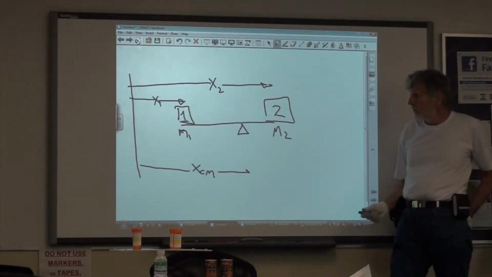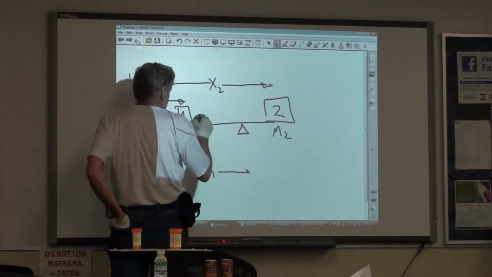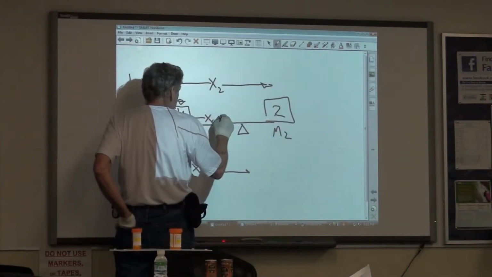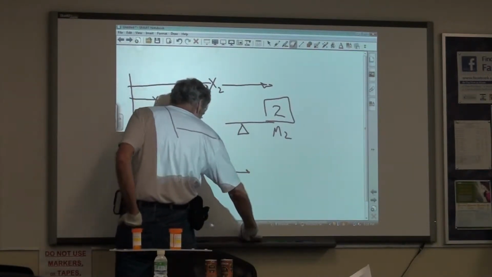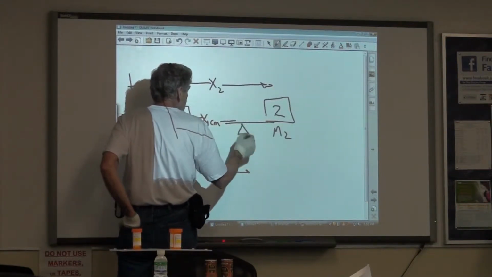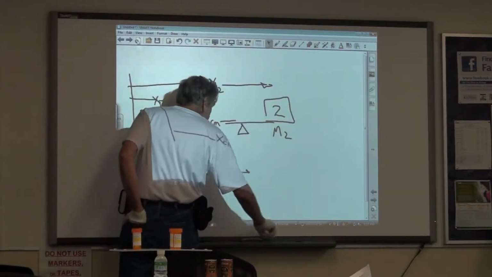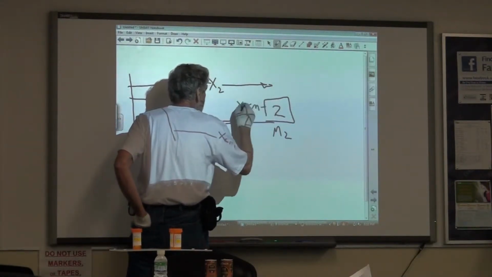So I'm going to indicate that this distance here is x1 cm. It's the distance of x1 from the center of mass. Now this distance is the distance of x2 from the center of mass.